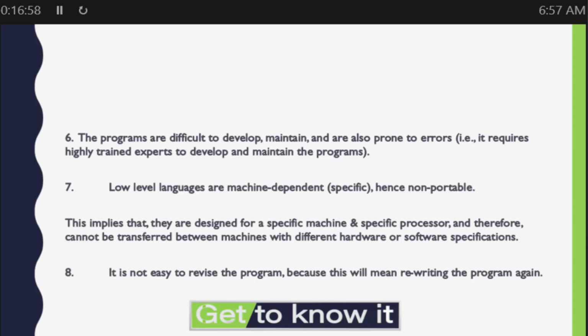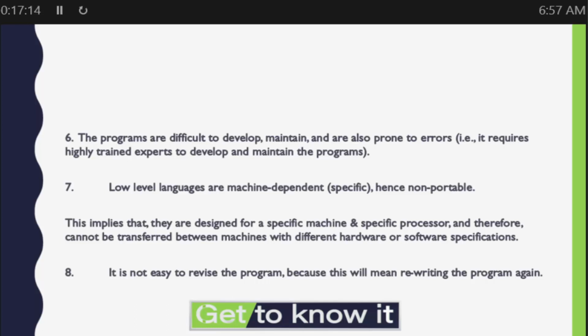And we have said that it is difficult for one to identify an error in a program written in low-level language. Low-level languages are machine-dependent, that is, machine-specific, hence they are non-portable.